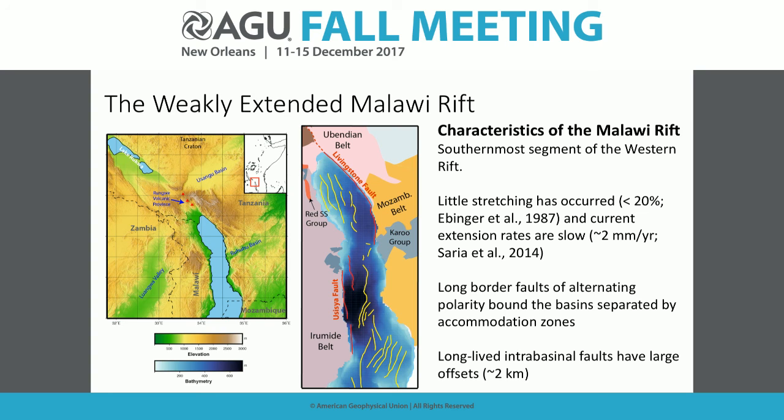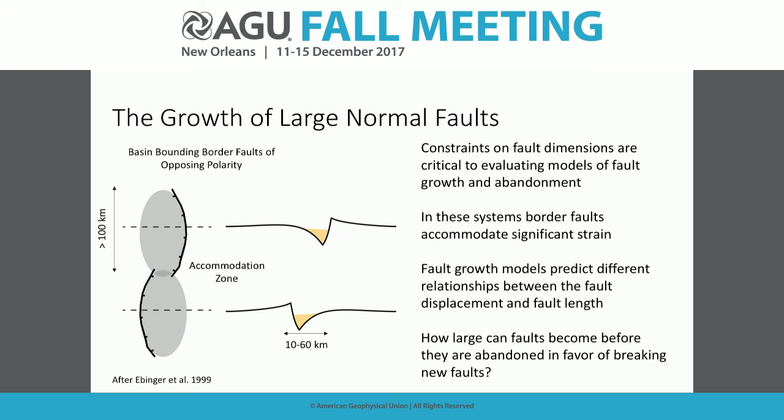I'm showing the border fault traces in red and intrabasin faults in yellow here. The Malawi Rift is a weakly extended rift, and extension rates right now are thought to be relatively slow. I'm showing here a schematic of what these basins look like after Ebinger et al. 1999, and also what they look like in cross-section.